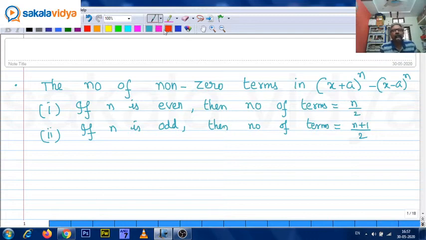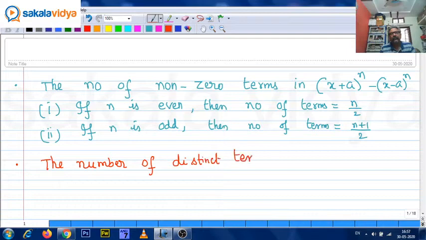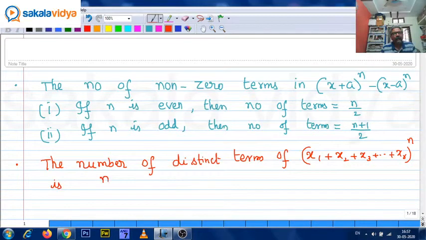One more important point you need to discuss. The number of distinct or non-zero terms of (x1 plus x2 plus x3 and so on plus xr) whole to the power of n is n plus r minus 1 C r minus 1.